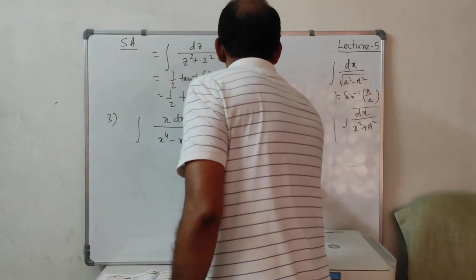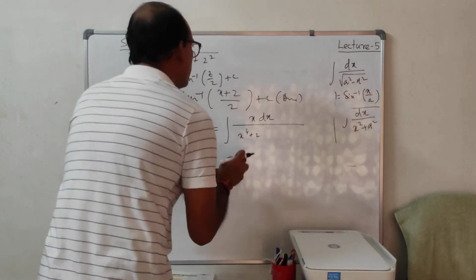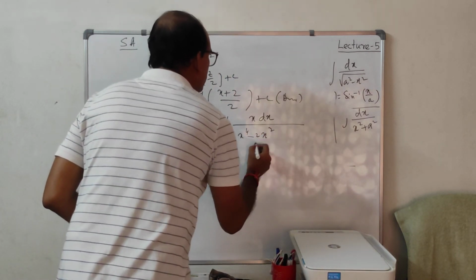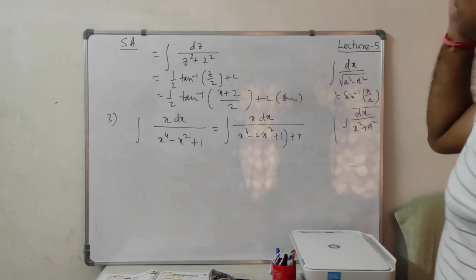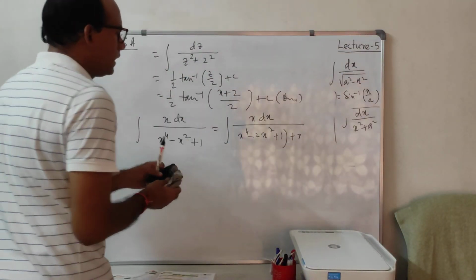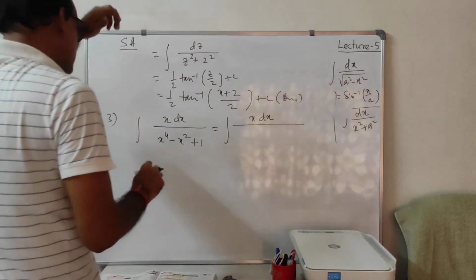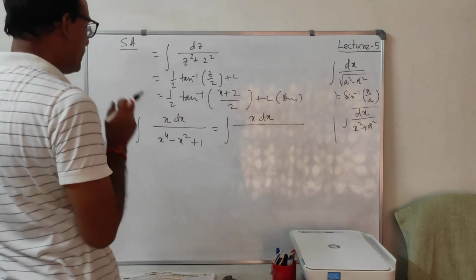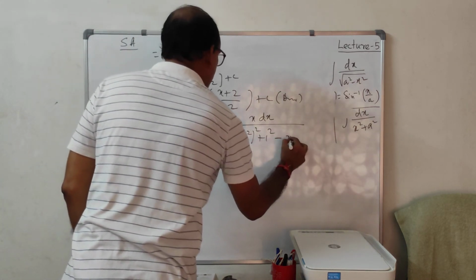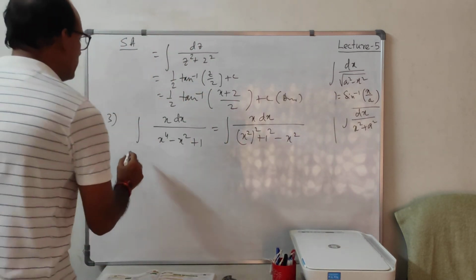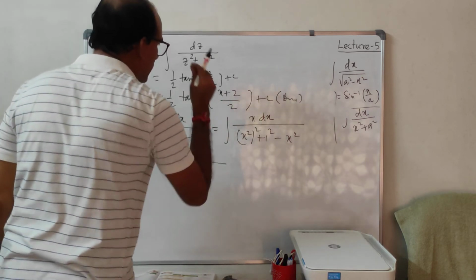Okay, so x dx divided by x^4 plus 2x^4 minus 2x^2 plus 1 plus x^2 minus x^2.